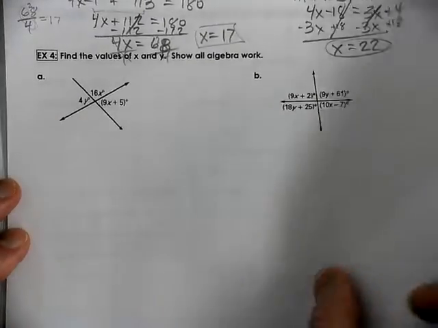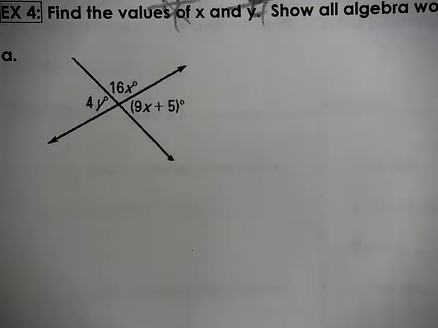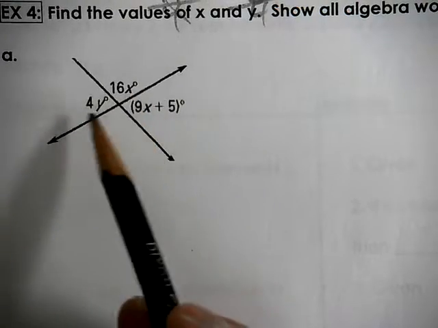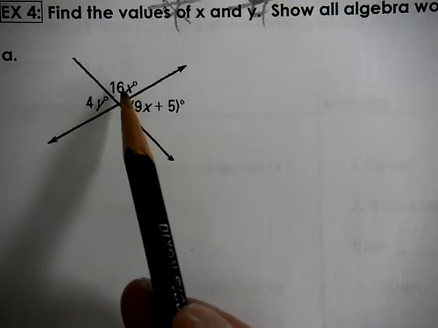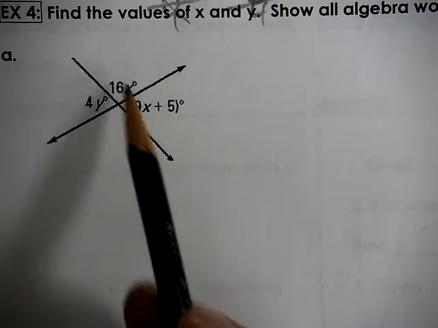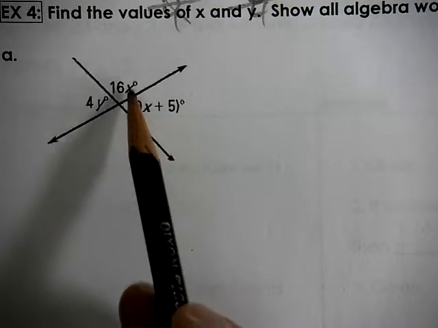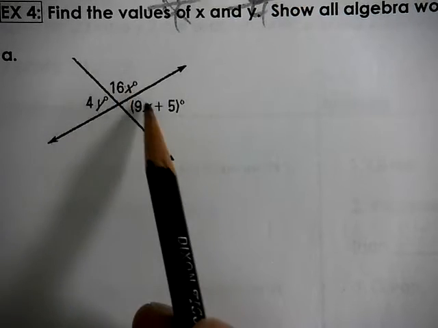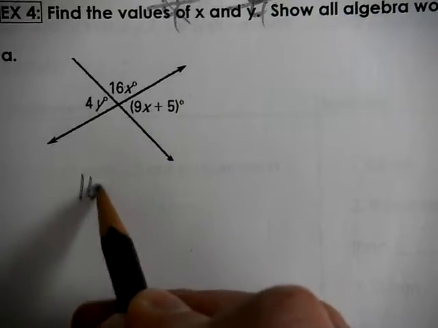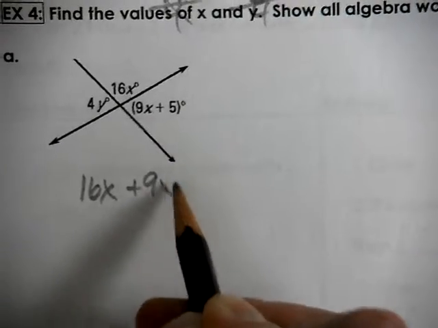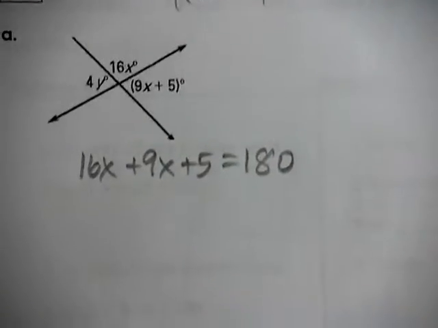When we look at a figure that has x's and y's involved, I would suggest paying attention to which angles have the same variable. These two angles are a linear pair. They make 180 degrees. So you know that 16x plus 9x plus 5 equals 180 degrees.